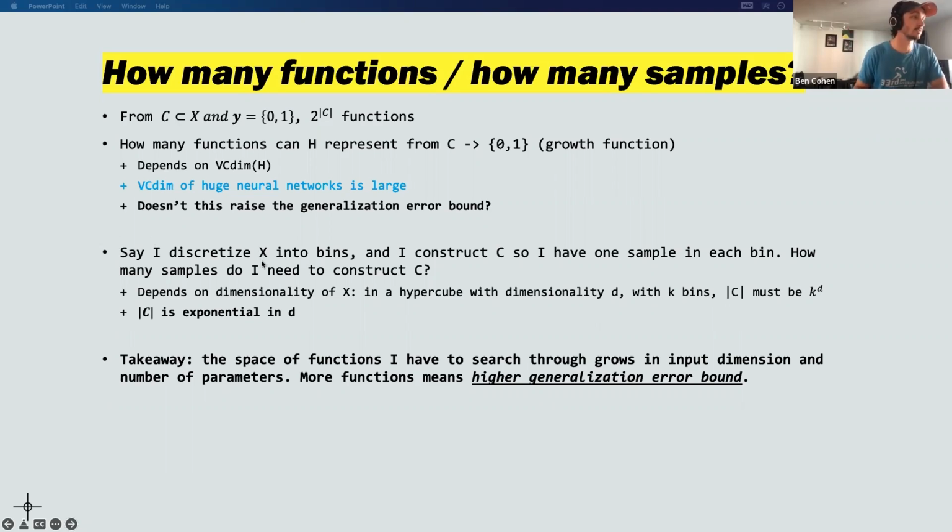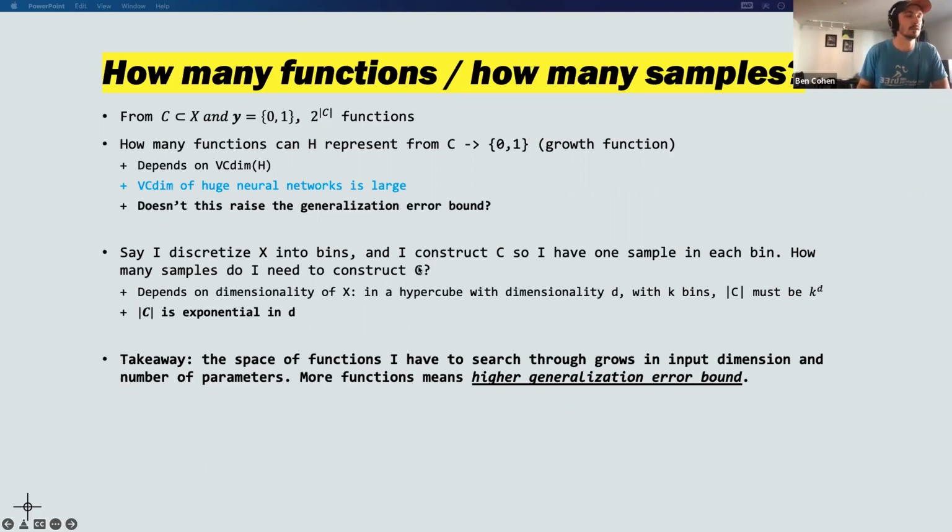If I discretize my space X into bins, for now imagine X to just be the interval 0 to 1 on the real numbers, and I want to chop that into bins. So let's say I chop it into 10 bins, 0 to 0.1, 0.1 to 0.2, and so on. The question is, how many samples do I need to construct my data set C?